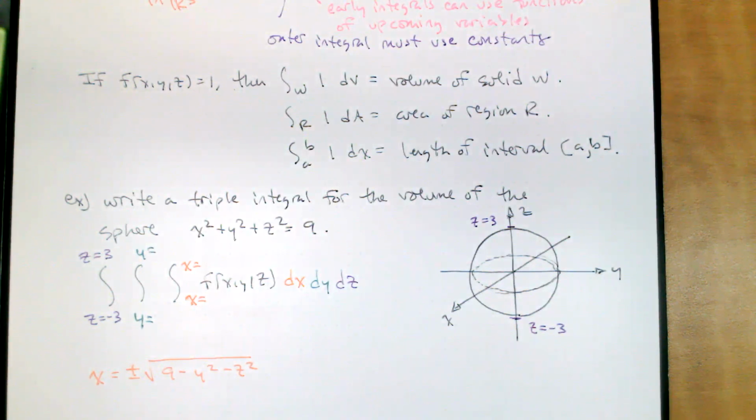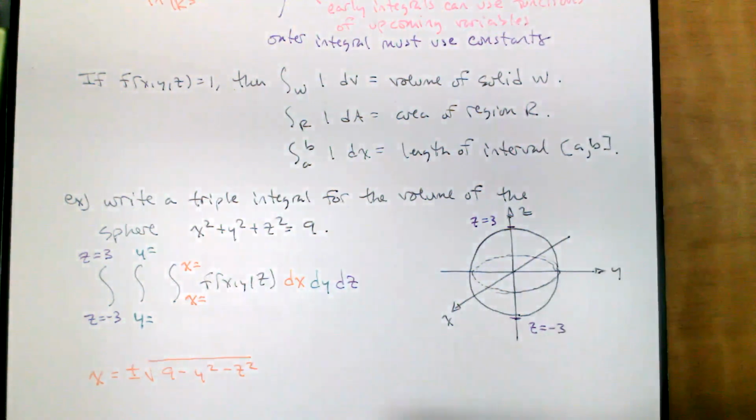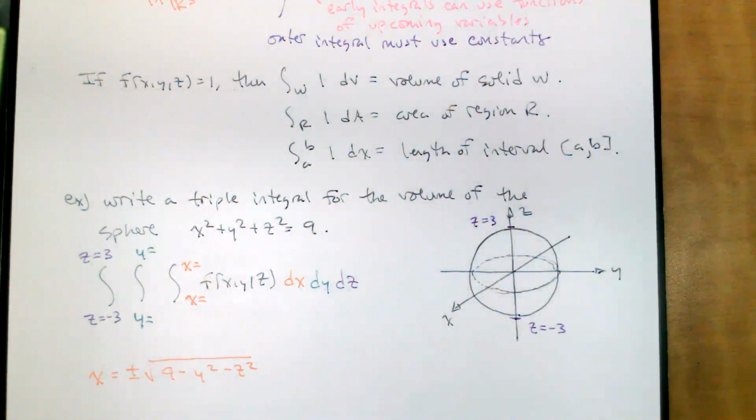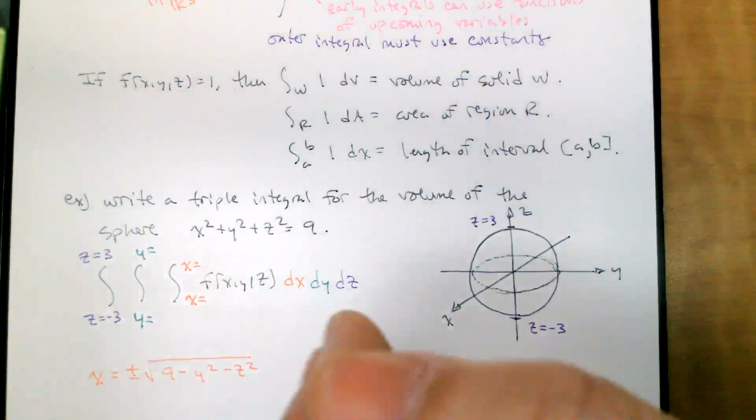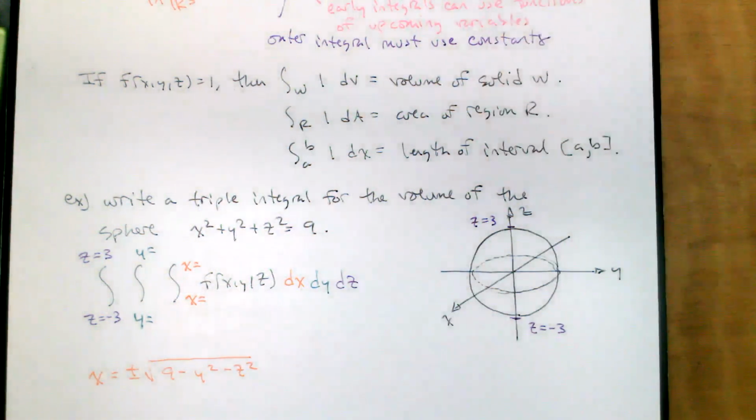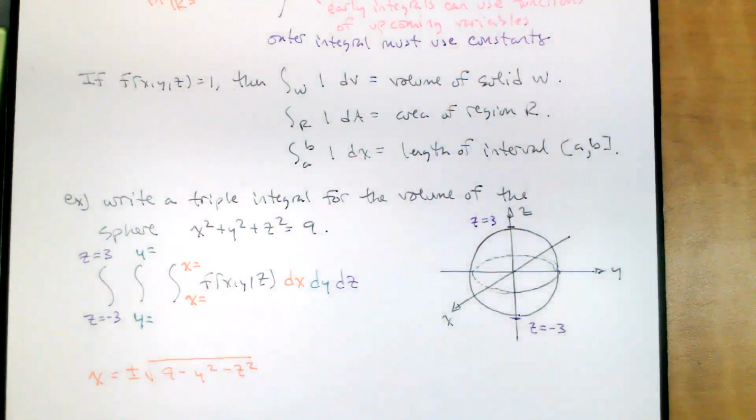We expected functions of y and z. If we think about the values of x we're looking at here, the way I have my sphere oriented, this would be the front and the back parts of the sphere. The z is going to be like the bottom and the top of the sphere. So x is going to be like the front and the back of our sphere.